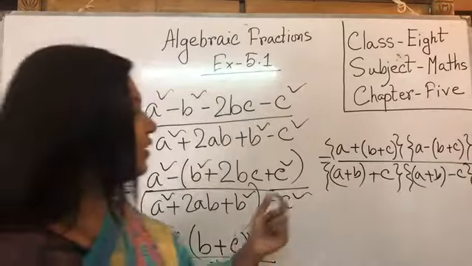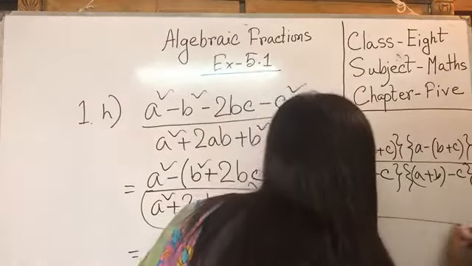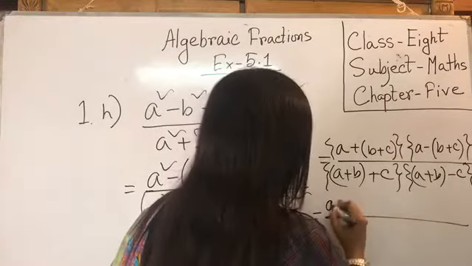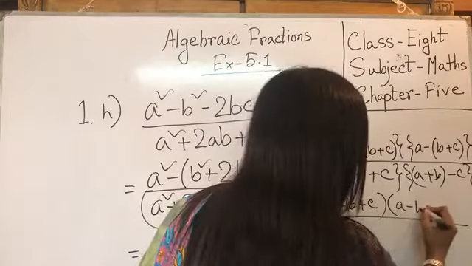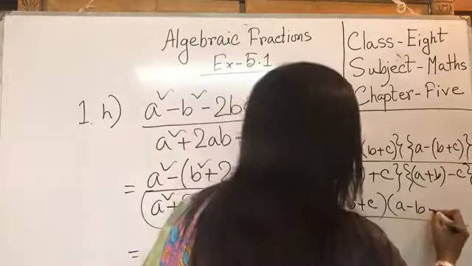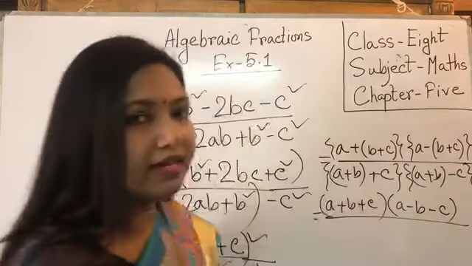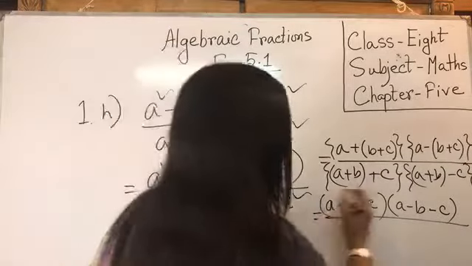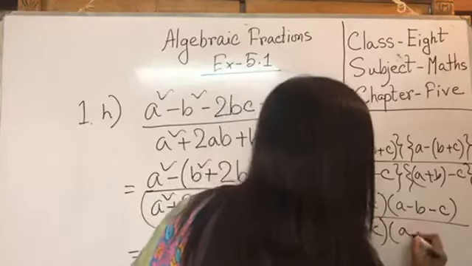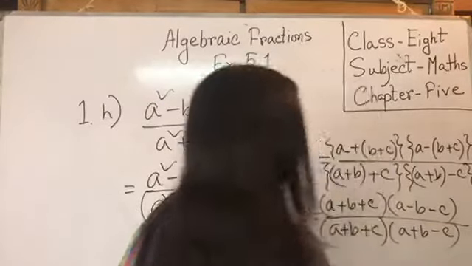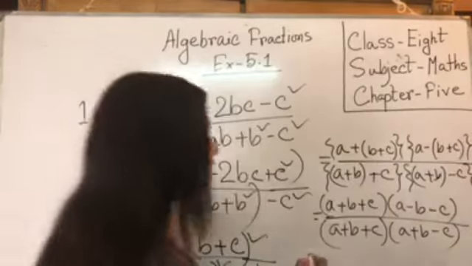Okay. So now we can write the next line: a plus b plus c and a minus b, and plus and minus minus c, a minus b minus c. Now a plus b plus c and a plus b minus c. Find out the common term.